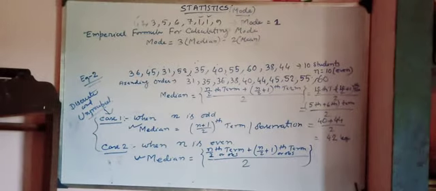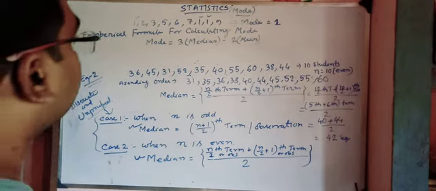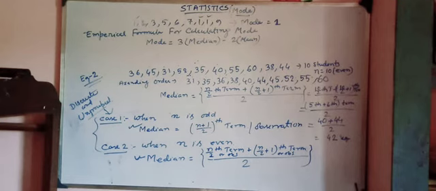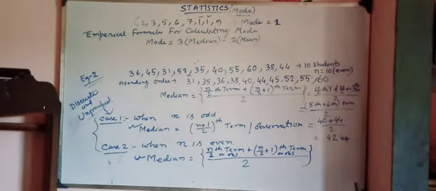So if a distribution is given to us and we have to find the mode, first we have to find the mean, next the median, and then by using the empirical formula we get the mode. Understood that?